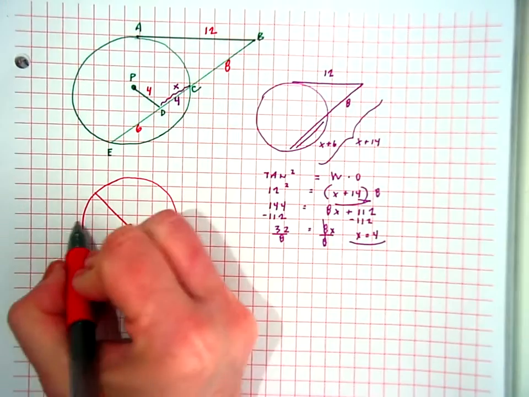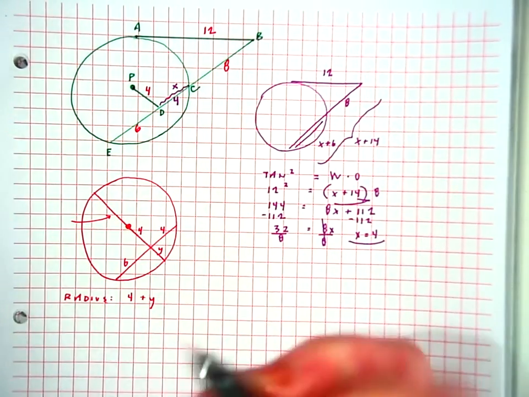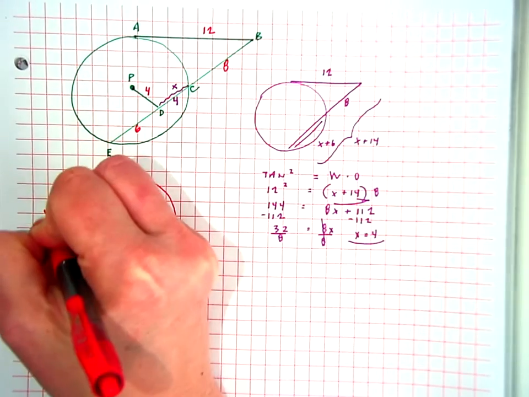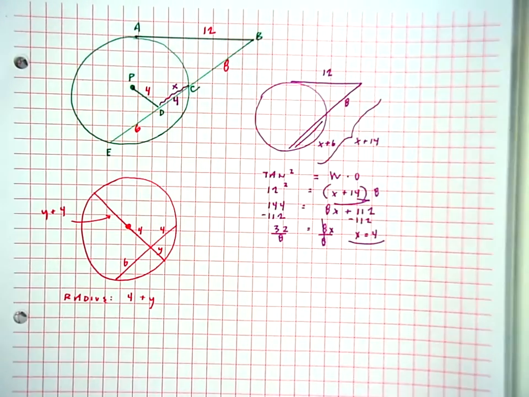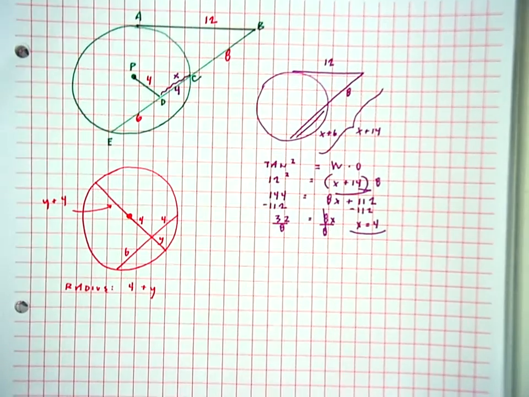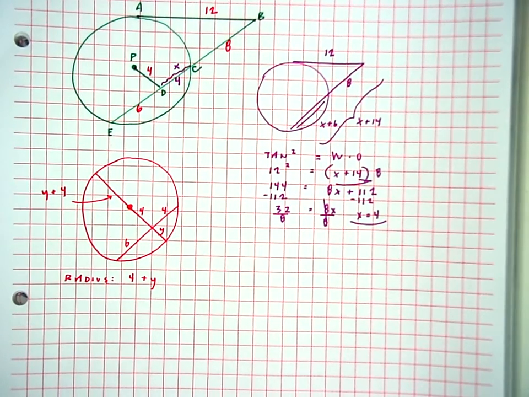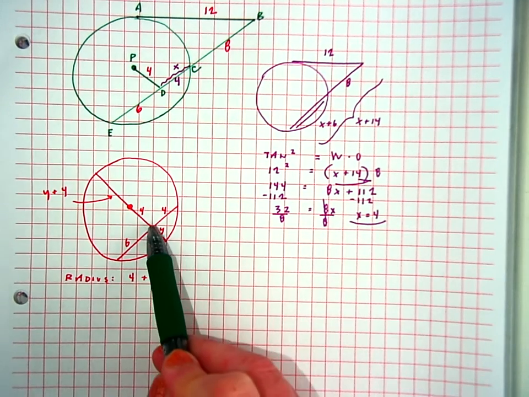So right here, this is a radius. That will be 4 plus y, or y plus 4. Same thing. Okay, so now I see, oh, I actually have 2 chords. So if I'm picturing how I'm going to set this up, I'm focusing on that point of intersection right here.